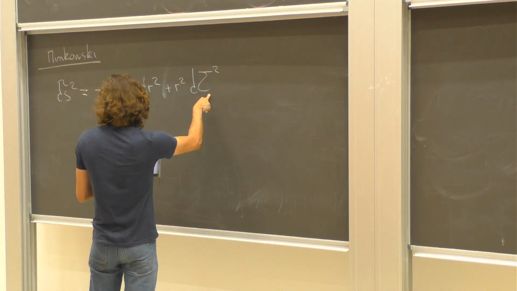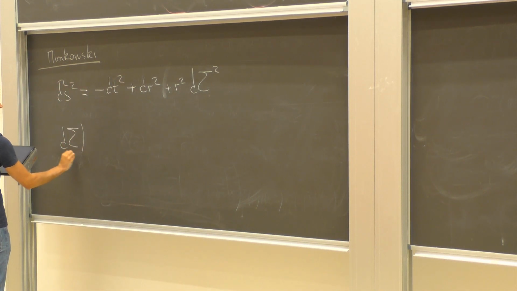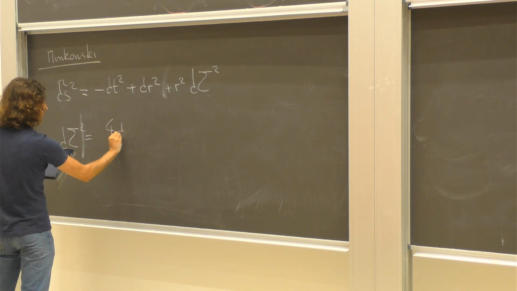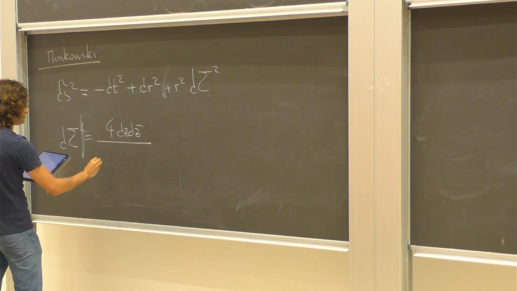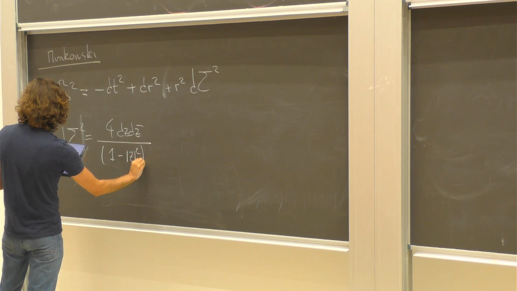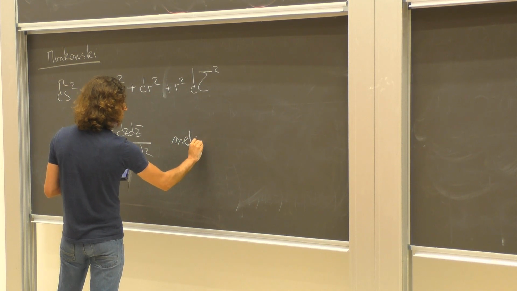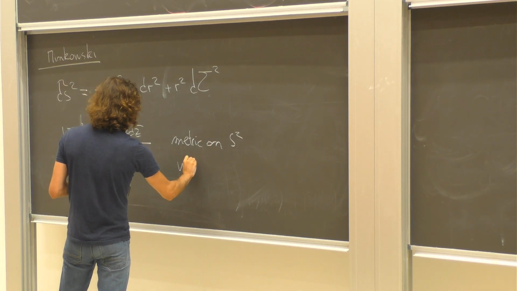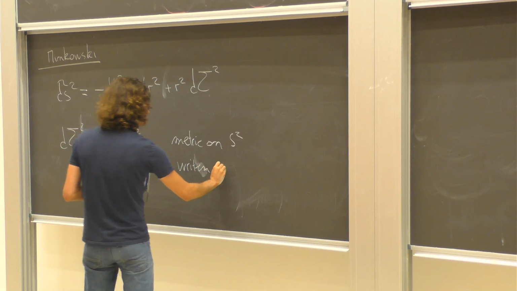This object is the round metric, the metric on the two-sphere written in stereographic coordinates.